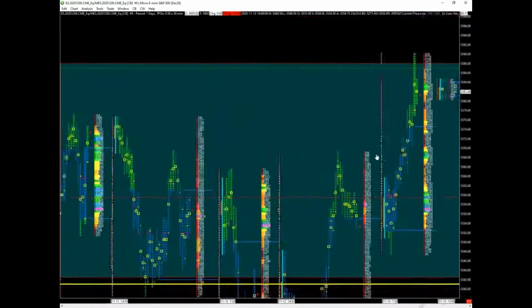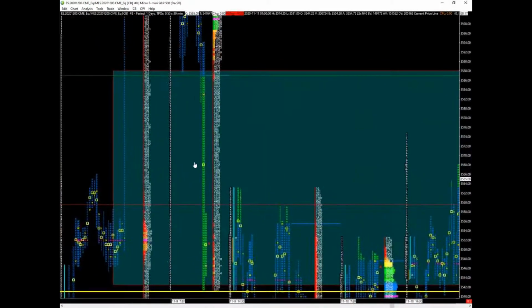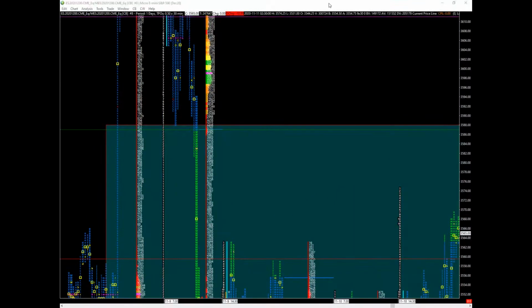Now I drew my base differently for last Monday, and that's for a different reason, right? The market traded, like I said, a valid low here. K period starts the auction down. This is an outside bar.